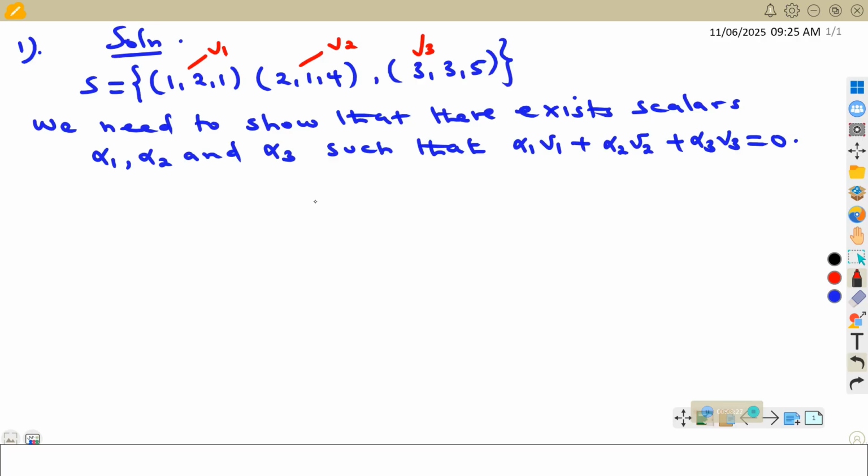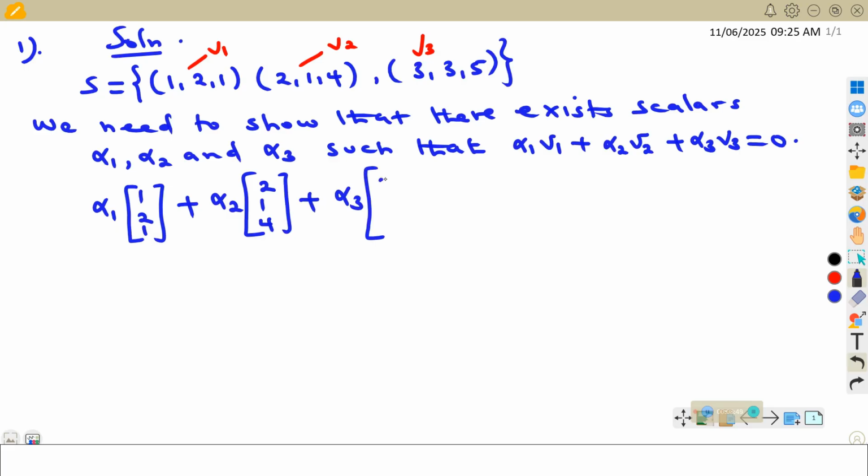So we shall say alpha 1 into v1, and v1 is (1, 2, 1). Then plus alpha 2 into v2, and v2 is (2, 1, 4). Next is alpha 3 into v3, which is (3, 3, 5). You must equate this to 0, and the 0 in 3 dimensions will be (0, 0, 0).